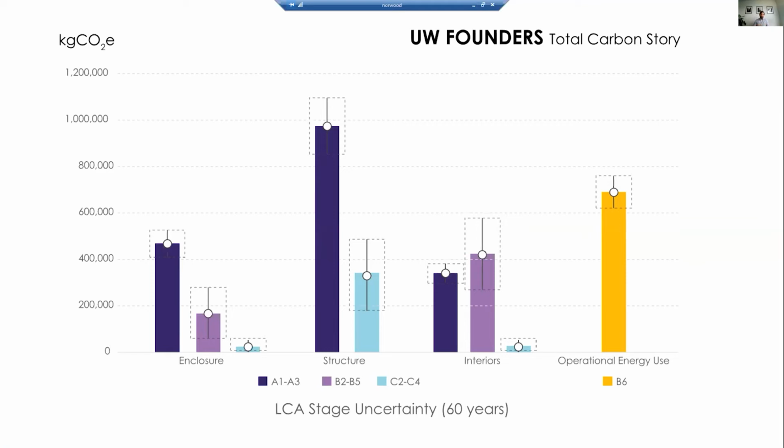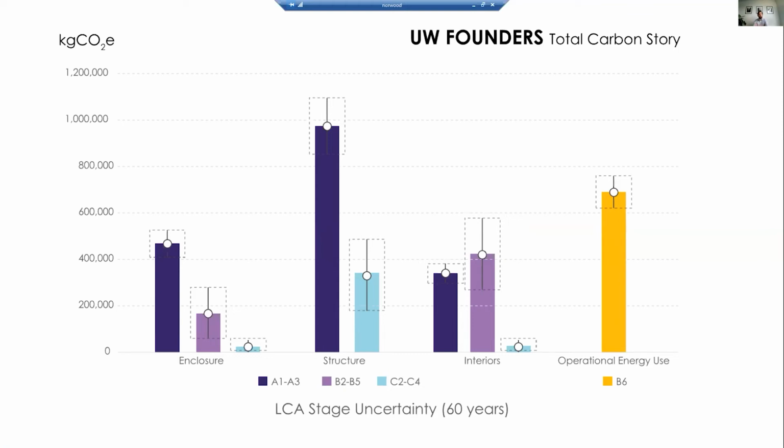And how I'd explain is that stage A1 through A3, these are stages that we feel pretty good about because we have EPD data that we can take it from. We know that this is stuff that is relatively well measured carbon.